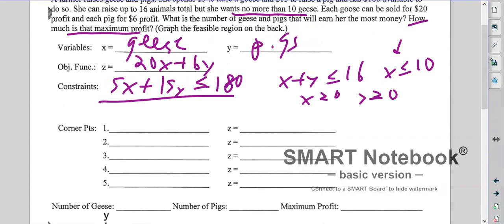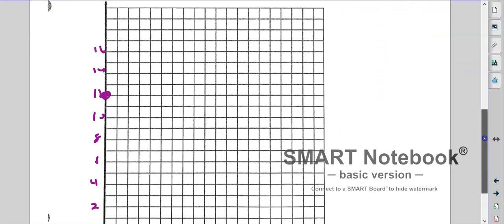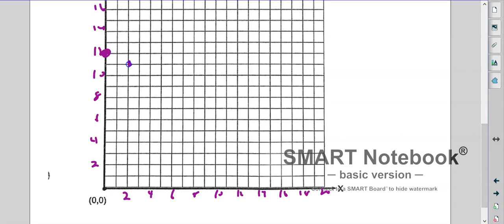So I need to figure out the slope on this one because it won't work. Okay, so I need to do 15y less than or equal to negative 5x, I don't even really care about the number, plus 180. Divide by 15. Y is less than or equal to negative 5 over 15, which is 1/3. I don't even care about the rest of it. I just know I need to go down 1, right 3. So from 12, I go down 1, right 3. That's 2. I can count. Math is hard. Down 1, right 3.